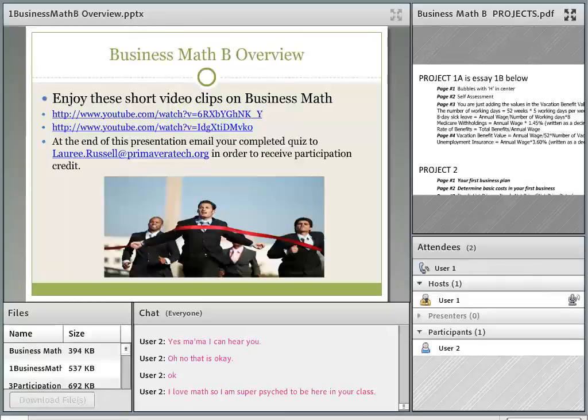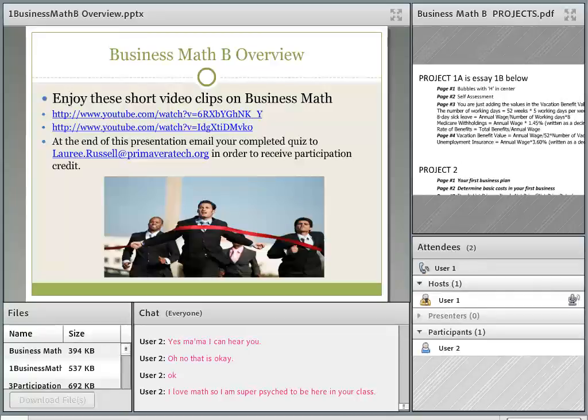The other thing I have here in Adobe for you anytime you come into class is in the upper right corner. I have put together a project, Business Math B project file. So as you could see, each page lists the formulas that you need for the project. So as you can see on the one listed up above, Project 1B, at page 3, it lists the formulas that you will need for each of the lines on page 3.